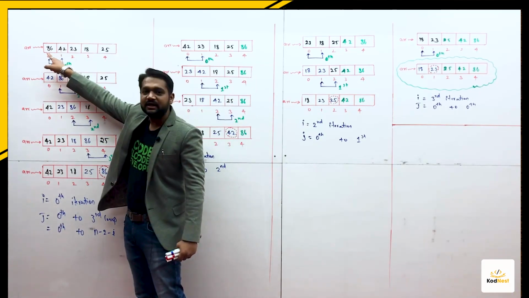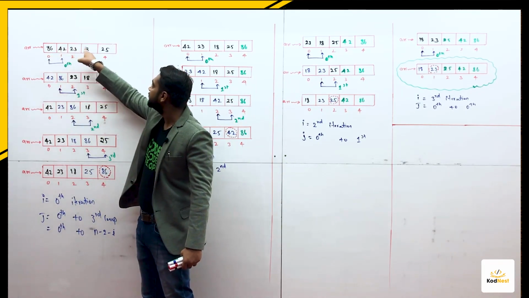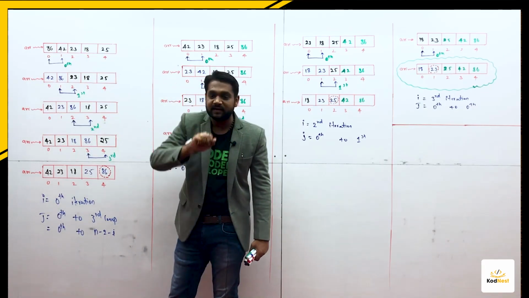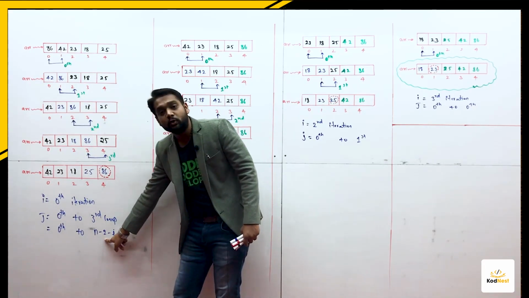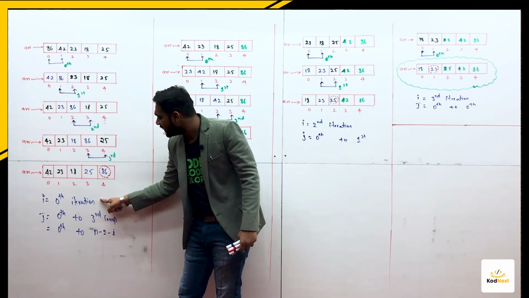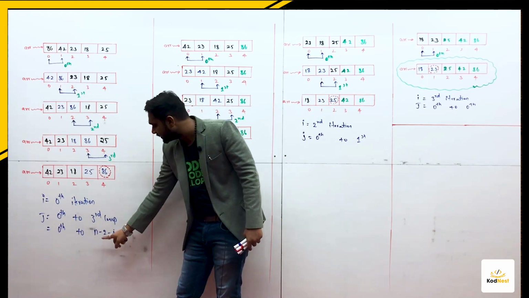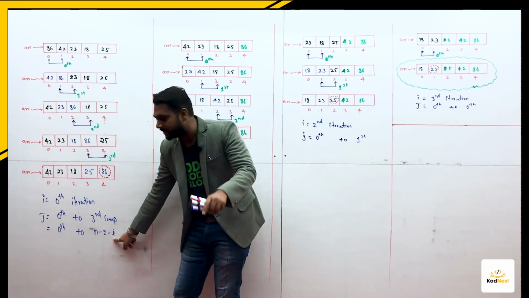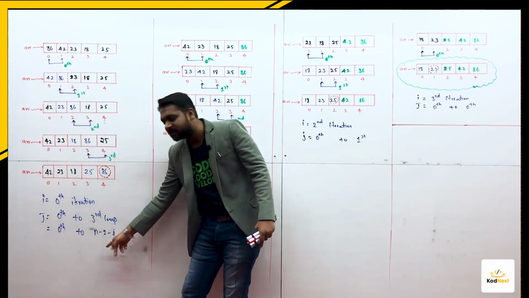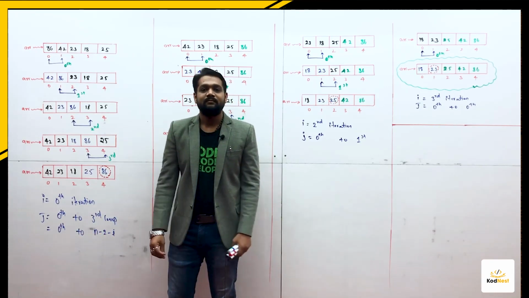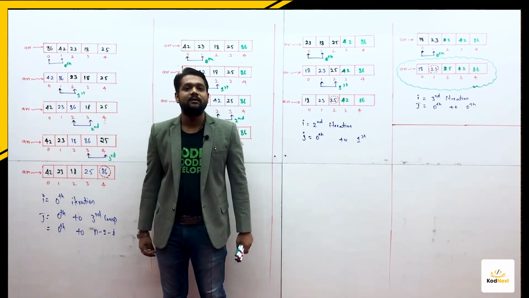How many elements are there? 1, 2, 3, 4, 5. 5 elements are there. What is 5 minus 2? 3. What is the i value here? i is 0, the 0th iteration. 3 minus 0 is 3 only, correct? 0 to 3 comparisons I am doing.